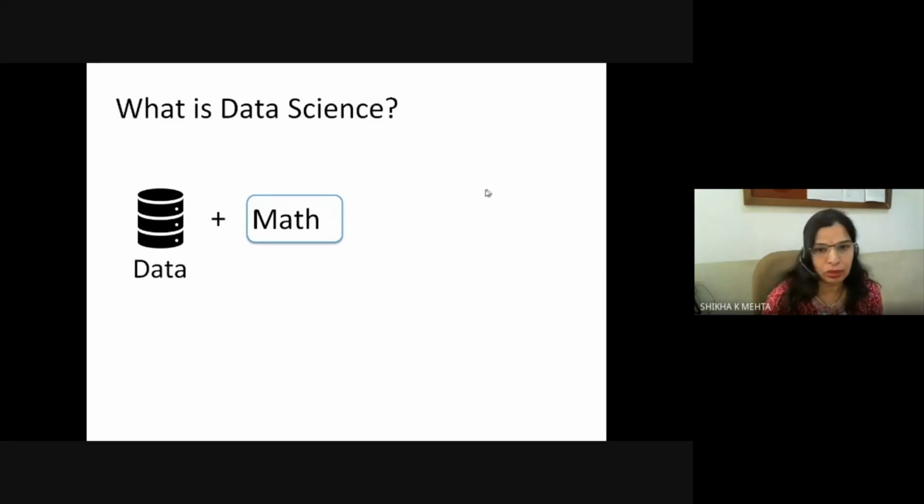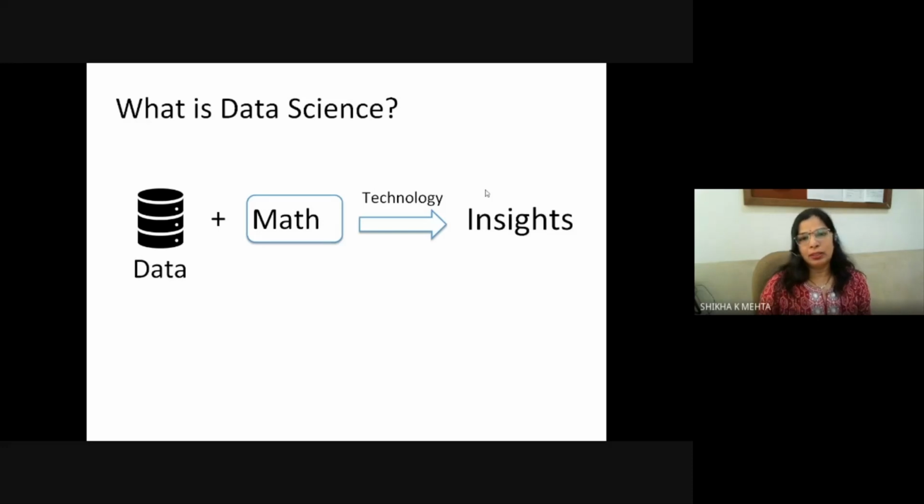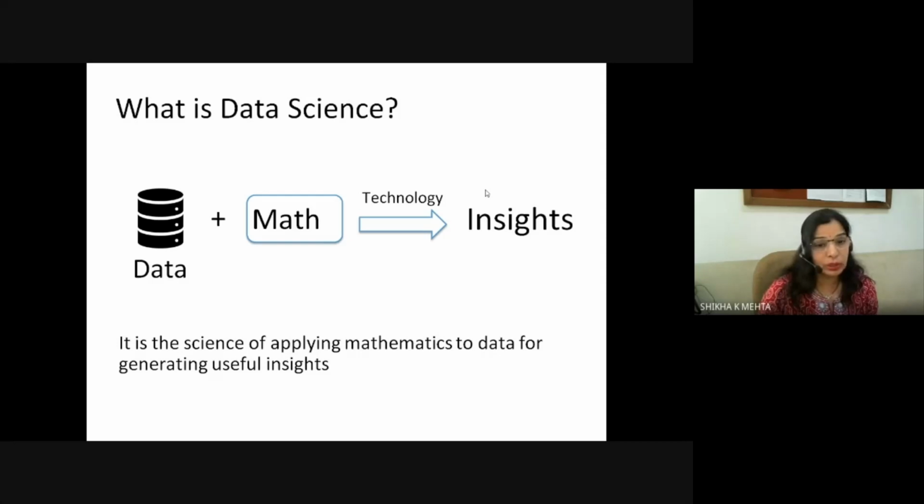Since mathematics is a generic term, I've used mathematics. Applying mathematics on the data to get the insights, and technology is the driving force over there. So here we say data science is the science of applying mathematics to the data for generating useful insights with the help of technology.